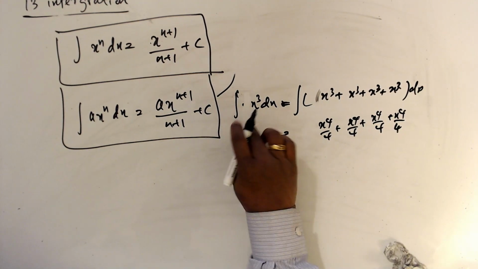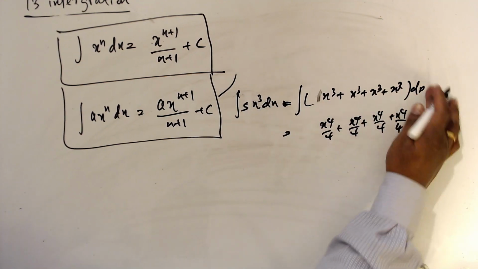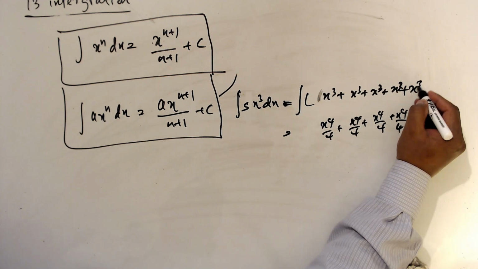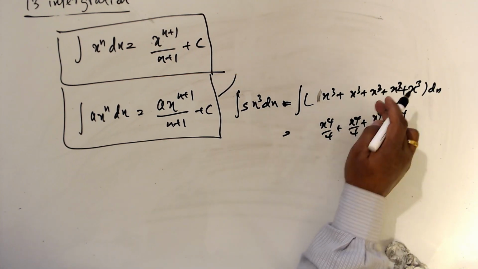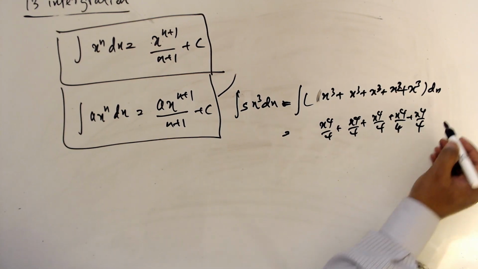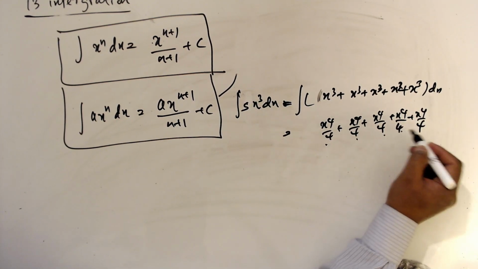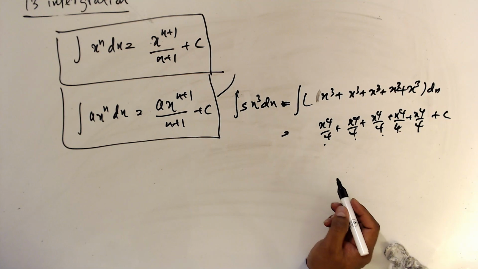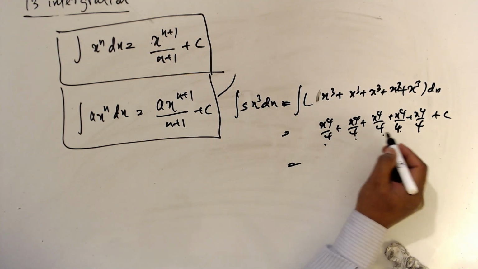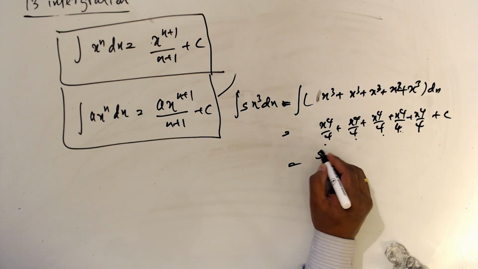I'll make it 5 for a reason, otherwise you get confused. So one more x cubed, 1, 2, 3, 4, 5. Then another x^4 over 4, five of them, plus c.